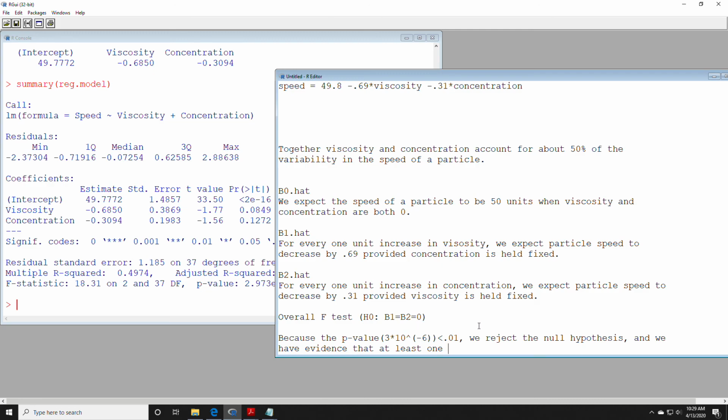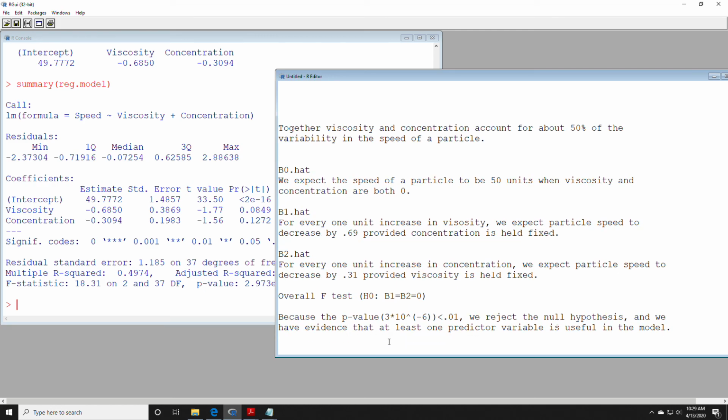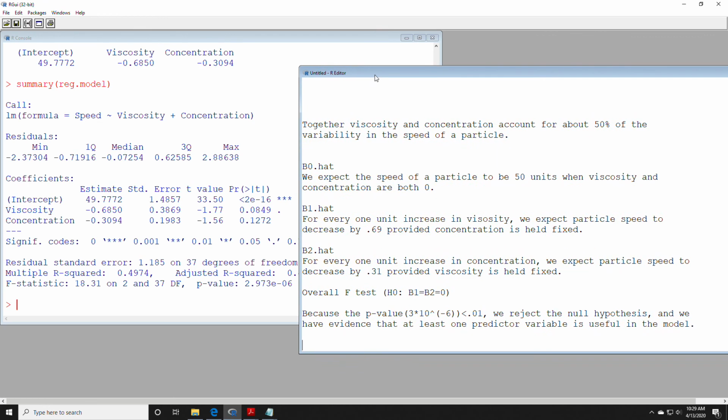In other words, we have evidence that at least one predictor variable is useful in the model, because a slope being non-zero means that there's a relationship between that x and y. So this overall F test determines that we have evidence that one of these is useful. It doesn't say which one, but it says we have evidence that at least one is useful.